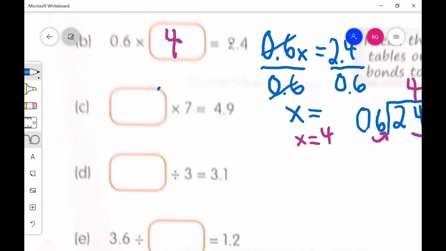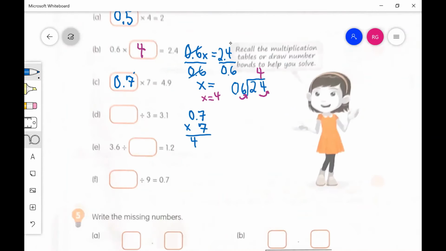Did you say 0.7? Yes, I think you're correct. And we could just check that real quick. Obviously, 0.7 times 7 is 4.9, right? It is 4.9. Okay, so that checks out. We got it.